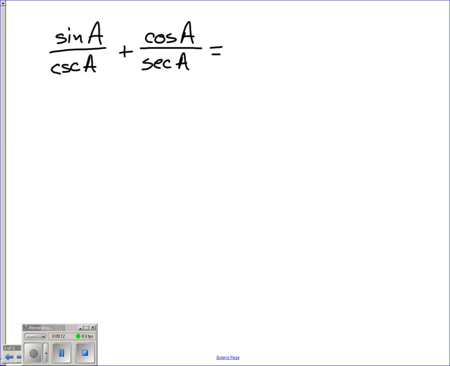So verify that sine of A, that's probably better, there's been some problems with theta before, divided by cosecant of A plus cosine of A divided by secant of A is equal to cosecant squared of A minus cotangent squared of A.